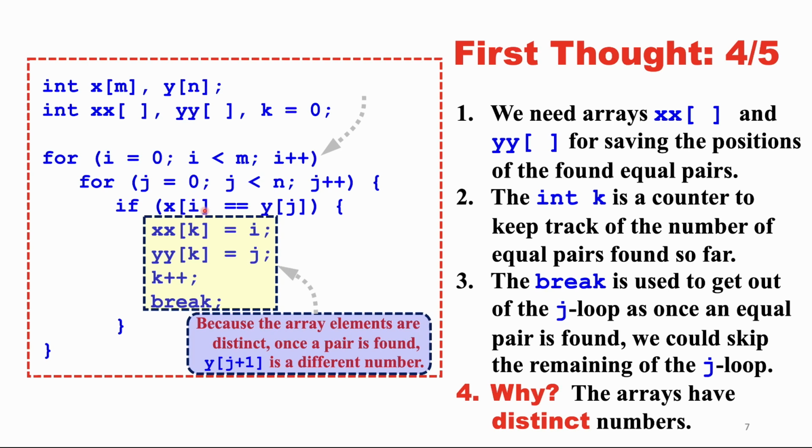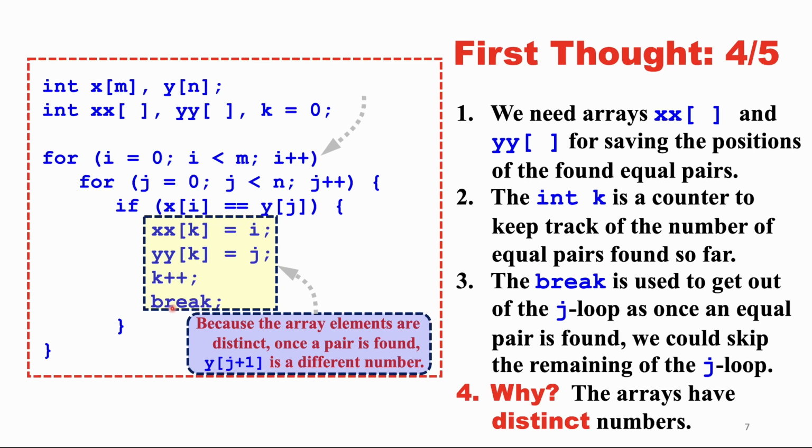So if xi and yj are equal, we store i into xx[k] and store j into yy[k], and increase the value of k by 1. Then we have a break statement here.